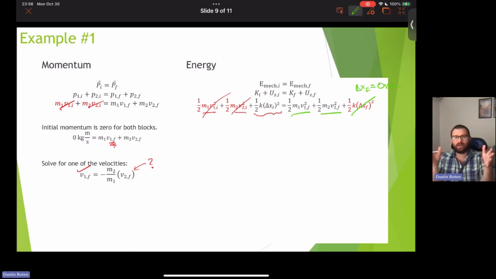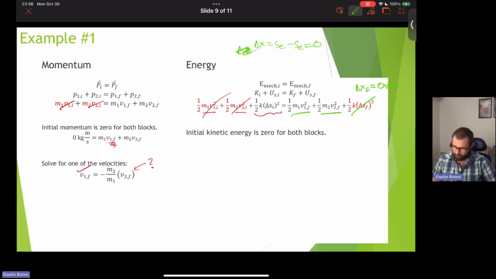It's returned to its natural length. Let's do delta x equals, okay, its final position now is its equilibrium position, but then it started in its equilibrium position, so that's just 0. And that's why this term here goes away. It's returned to its equilibrium state and it's no longer supplying any energy.